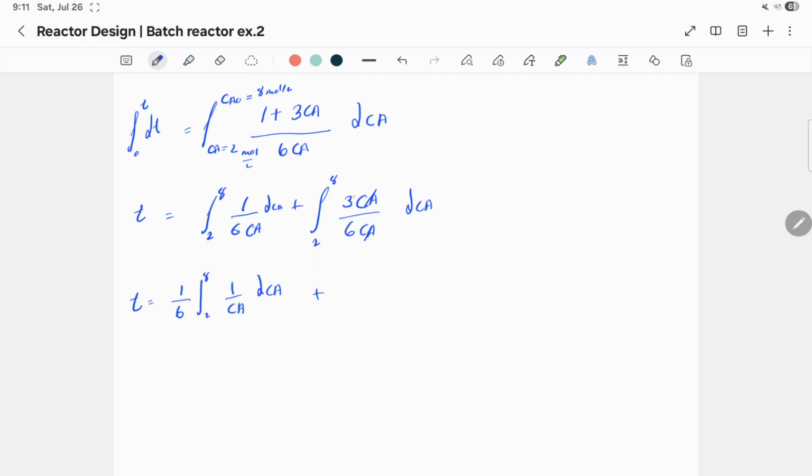We'll be left with 3 over 6, which is 1 over 2, which can leave the integral because it's a constant, with limits from 2 to 8 dCa.